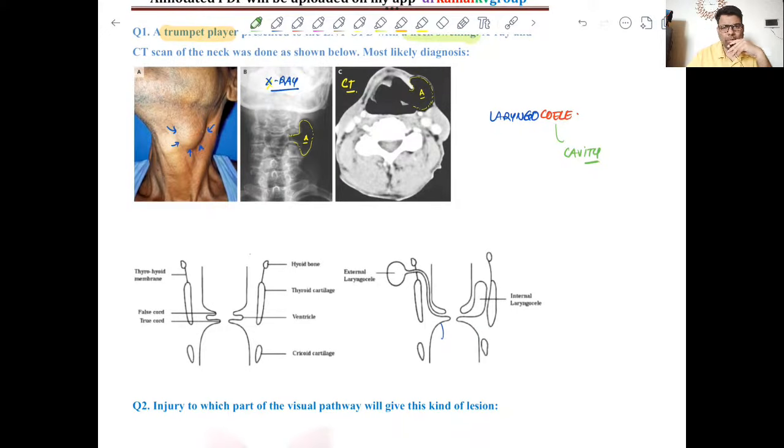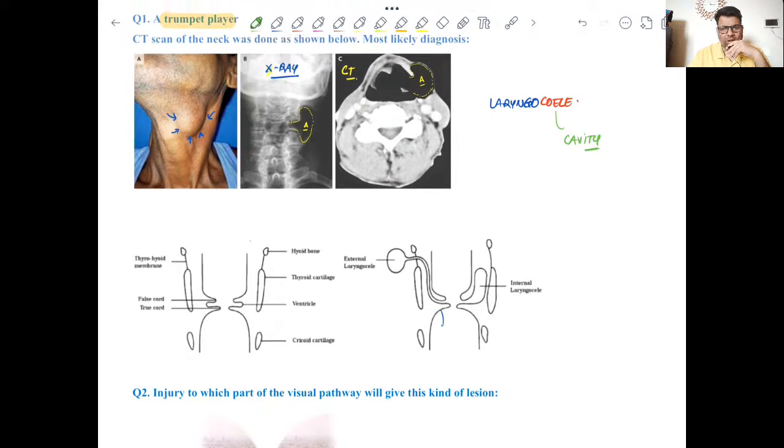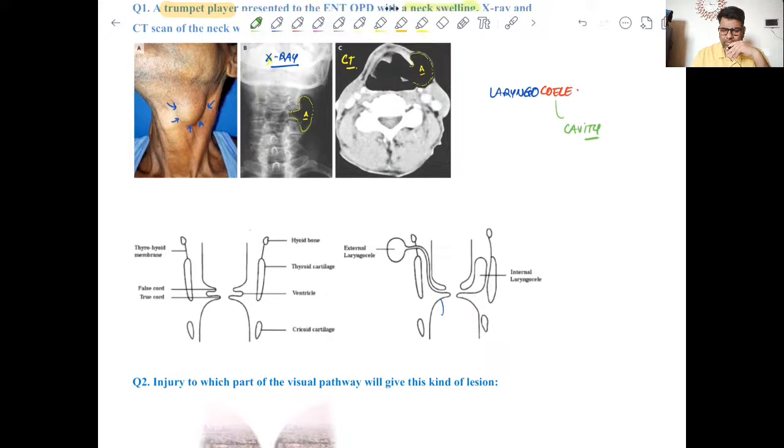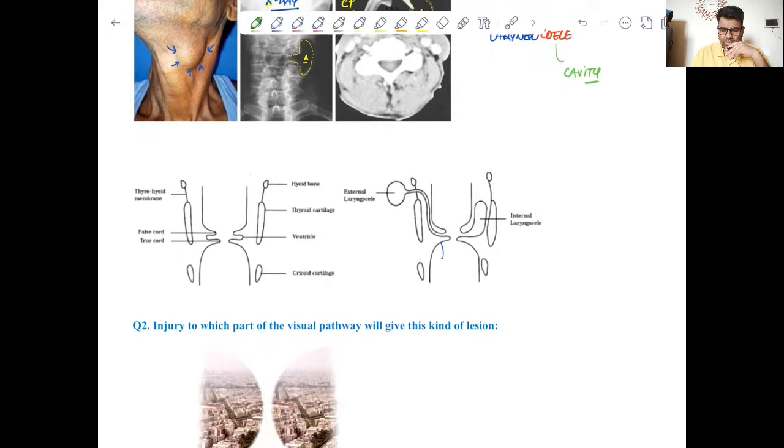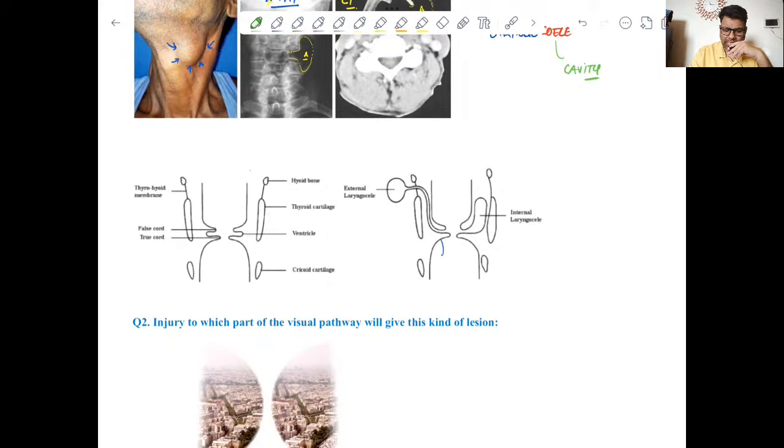Now a little bit of anatomy to make your knowledge much stronger. So this is a section of larynx, right? So this is normal side and this is in laryngocele. Now what we can see, this is the false vocal cord. Clear?